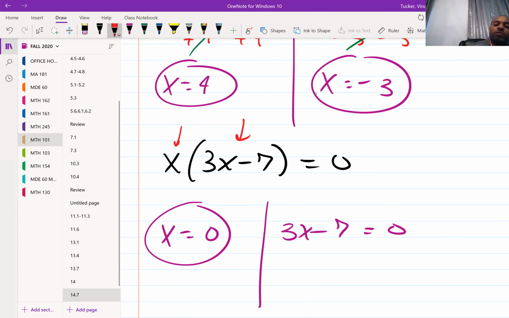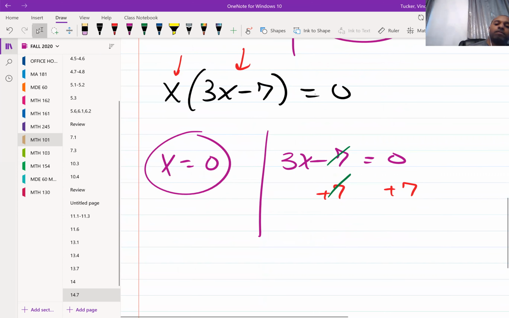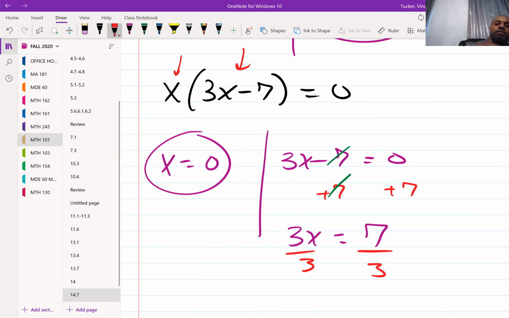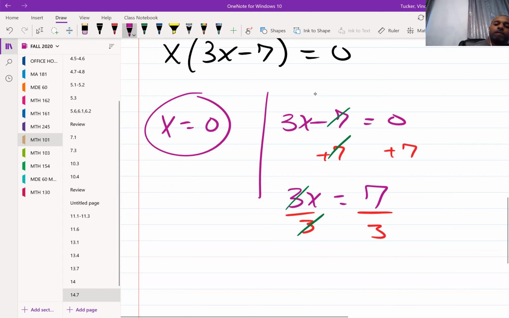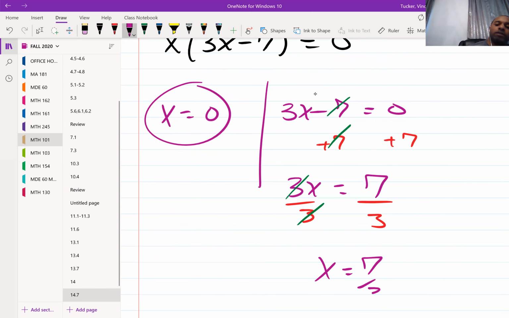And then in the next one, we'll add 7 to both sides, then divide by 3. x is equal to 7/3.